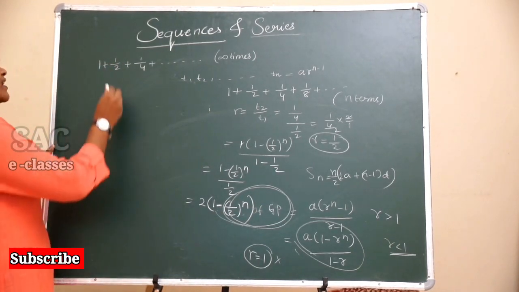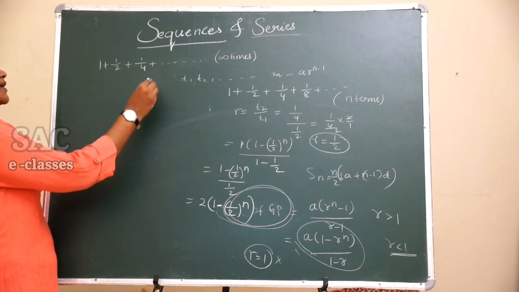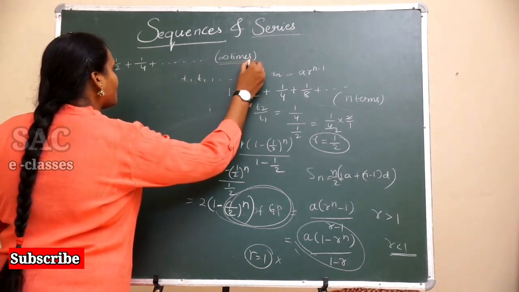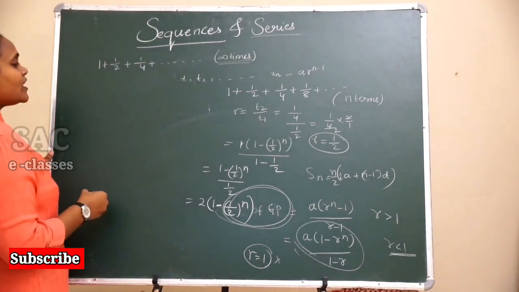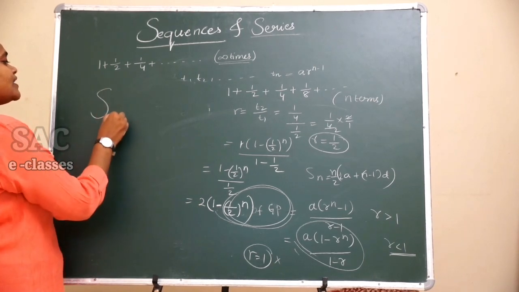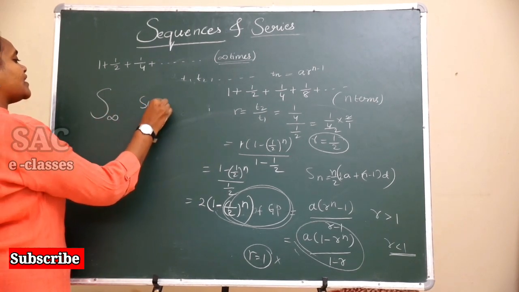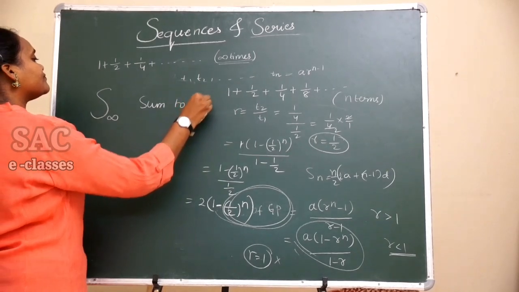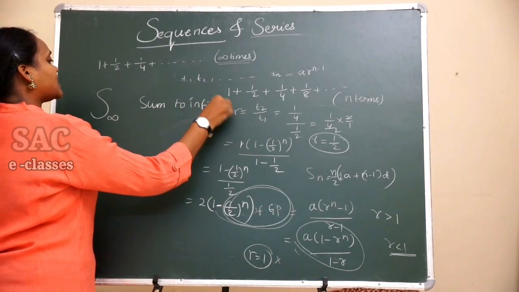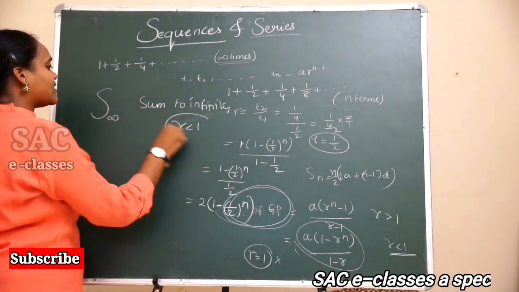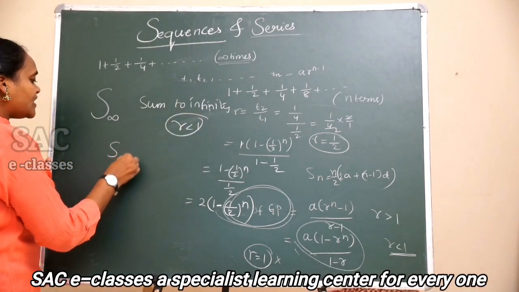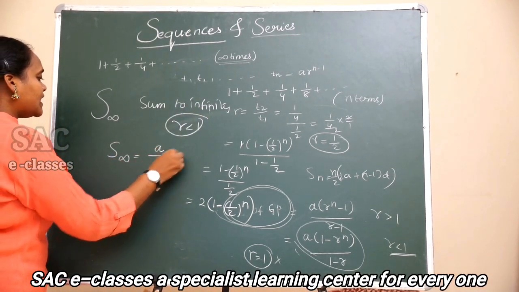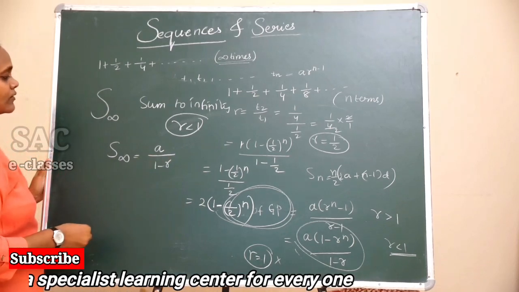Coming to the same thing, it may be done not for n terms but for an infinite number of terms, which we call sum to infinity. Especially whenever r is less than 1, sum to infinity is equal to a by 1 minus r.